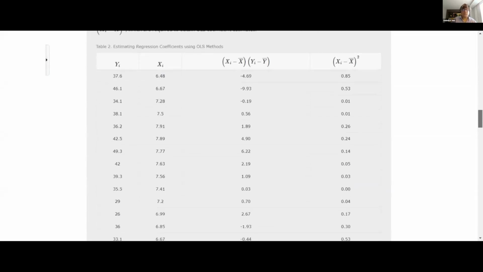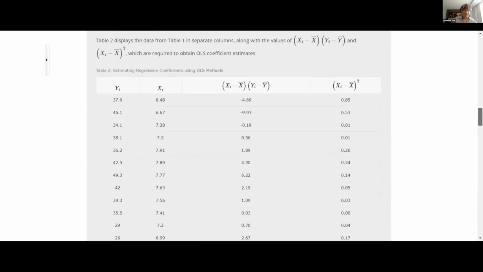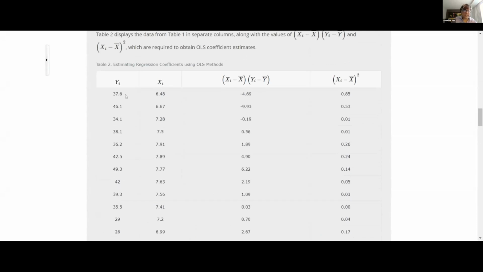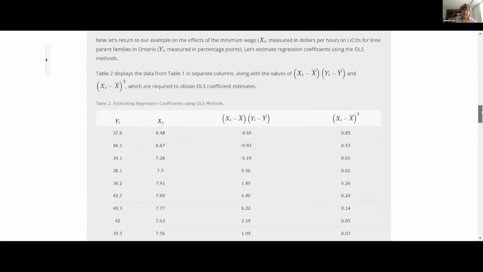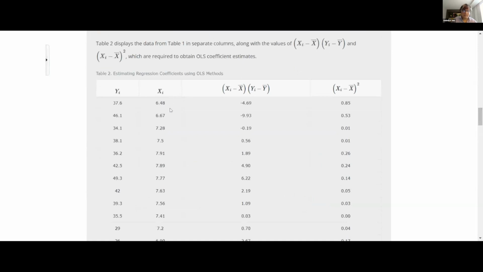Now, what we're going to do is take this value of Y bar, 32.5, and subtract it: 37.6 minus 32.5, 46.1 minus 32.5, and so on and so forth. And similarly, you take the mean of X, which is X bar, 7.40, which you see here, and then subtract X bar from each of these X values.